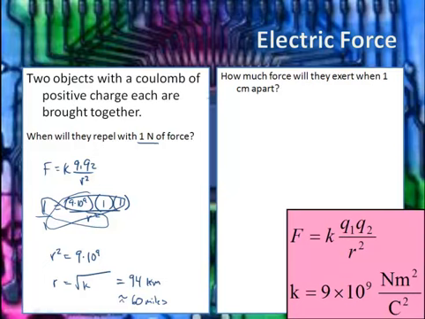Now this is just an application of the formula straight up. We'll put in the K, a Coulomb times another Coulomb. The distance between them is 1 centimeter. The standard unit for distance is meters, so I do need to convert that. A centimeter is 0.01 meters. So put that in there, squared.